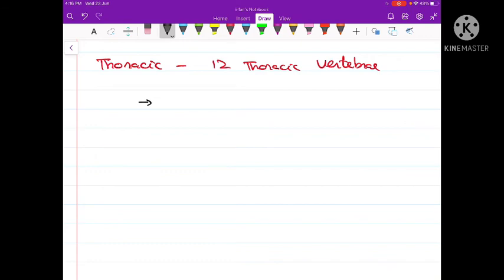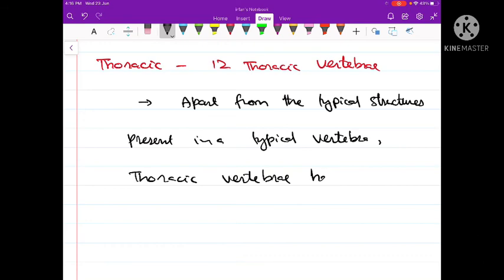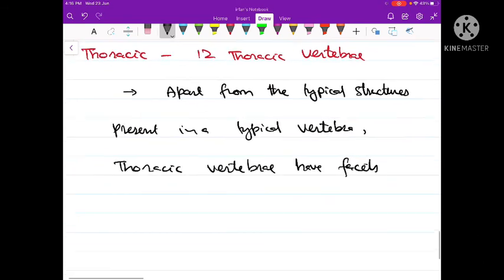So apart from the typical structures present in a typical vertebra, the thoracic vertebrae have facets. Facets means the articulating regions.